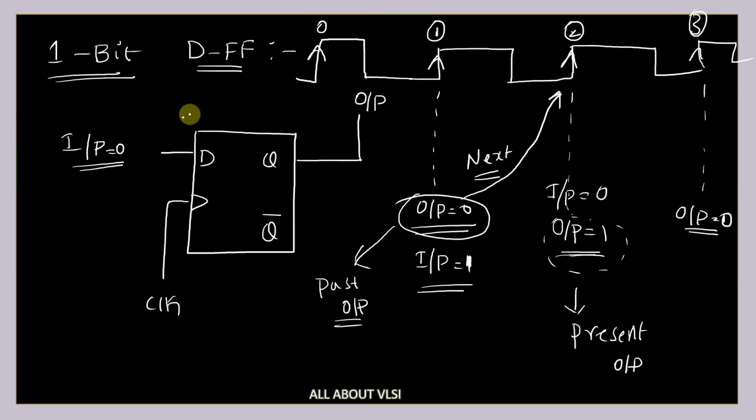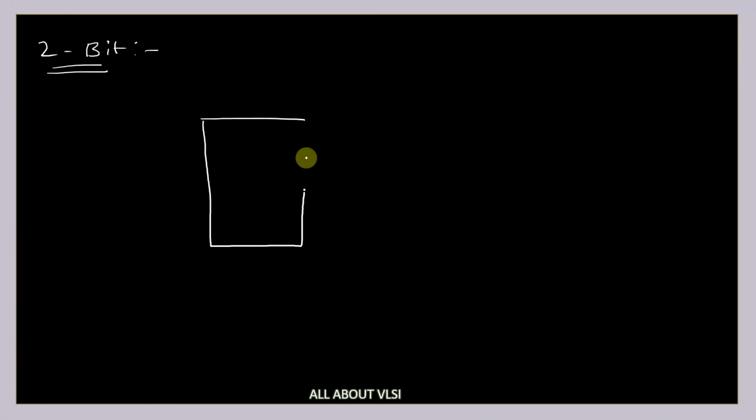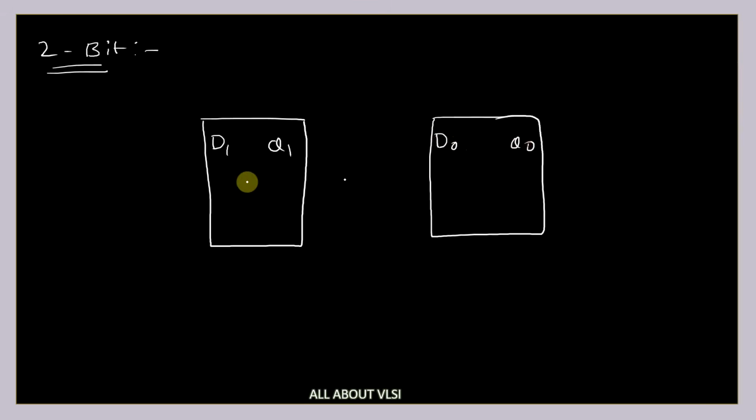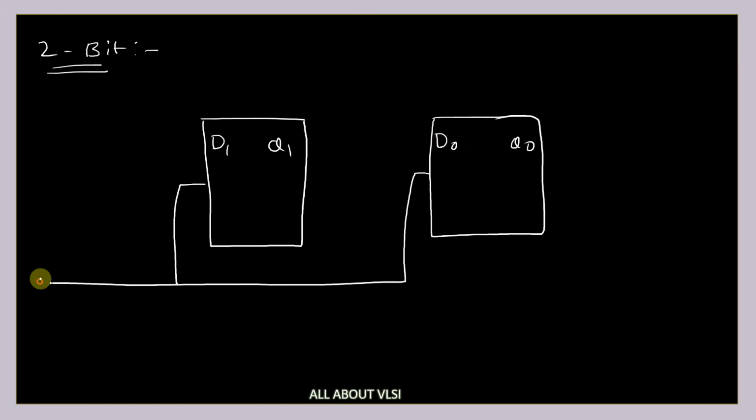Okay. So let's take 2 bit. So for 2 bit, this is how my 2 D flip-flops are going to look. Let's say this is D1, Q1, D0, and Q0. And these are my clocks, which I'm going to have.